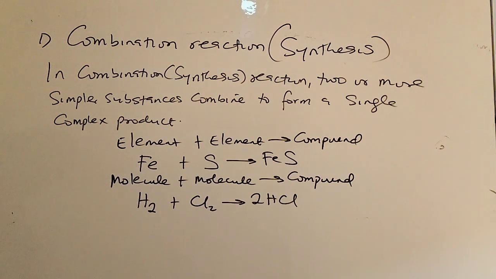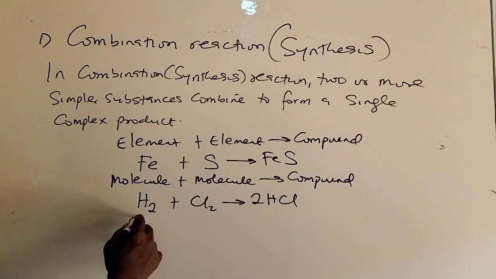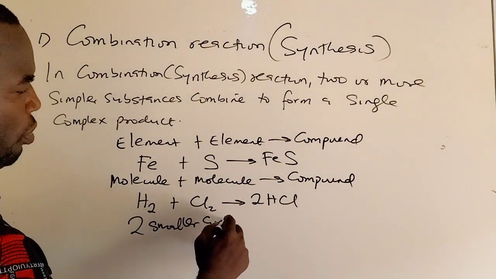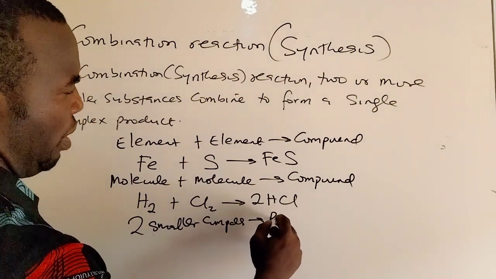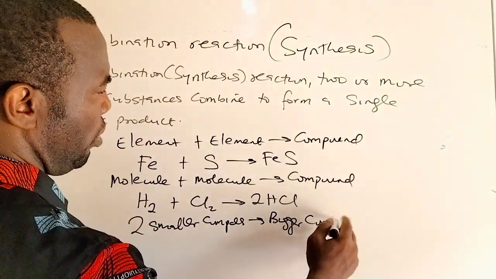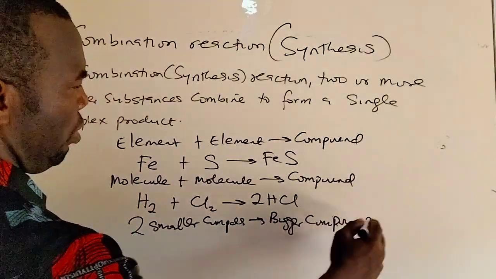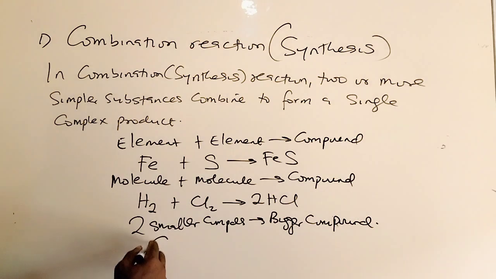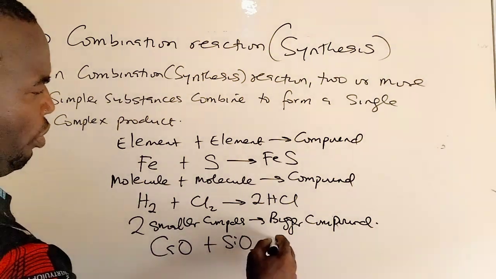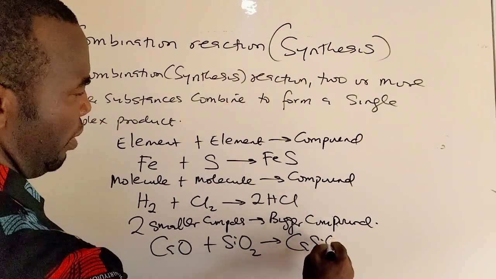You can still have a situation whereby we have maybe two smaller compounds combining to give us a bigger compound. That is also combination reaction. For example, calcium oxide reacting with sand or silica, giving us a bigger compound, calcium silicate.